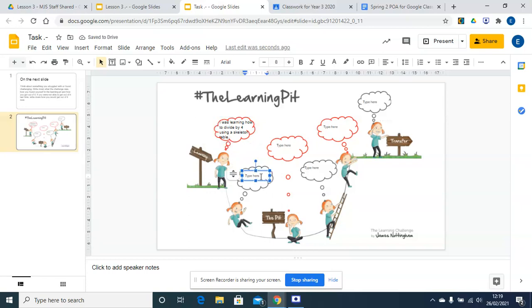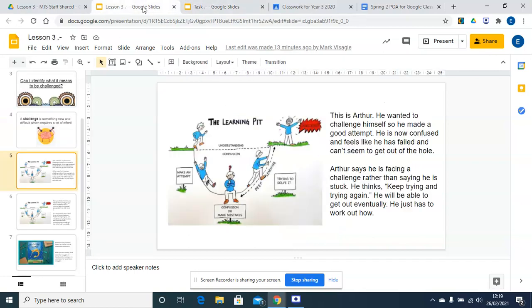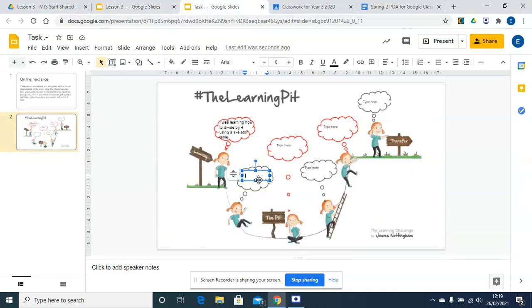Now then, this part here, if you're not sure what you could write here, go back to the slide and it says making an attempt. So first of all, I wrote out my 4 times tables as a skeleton table.